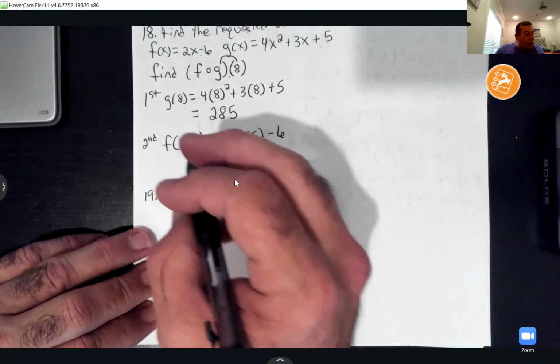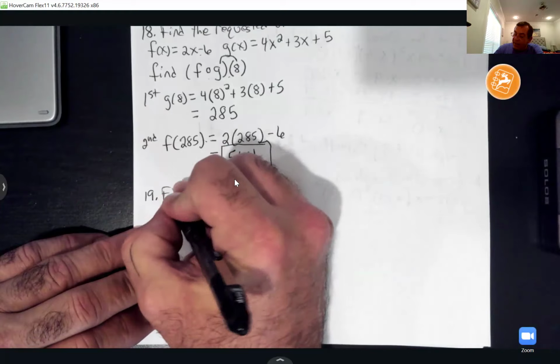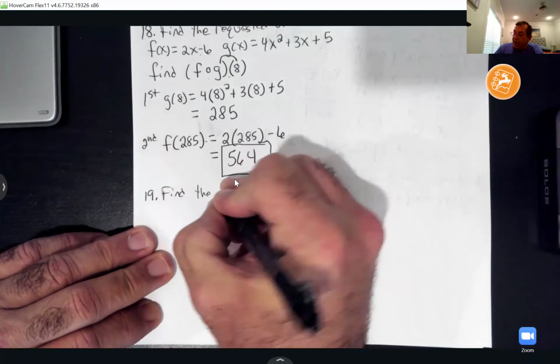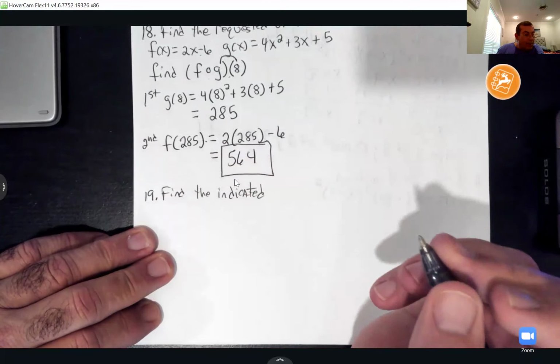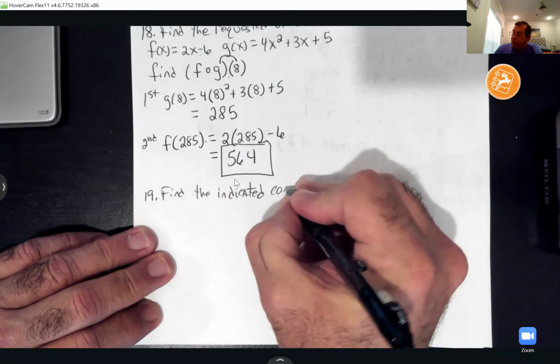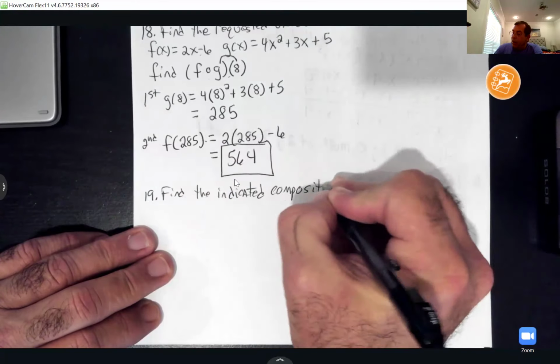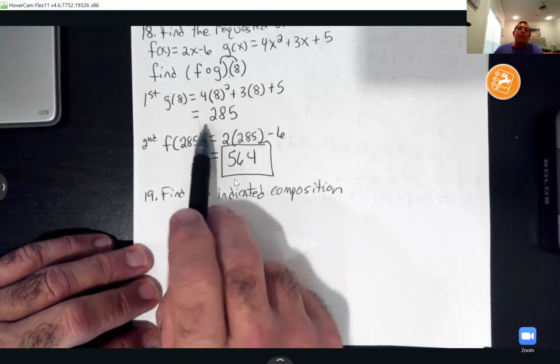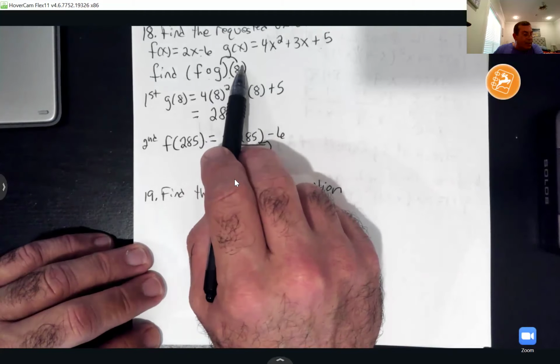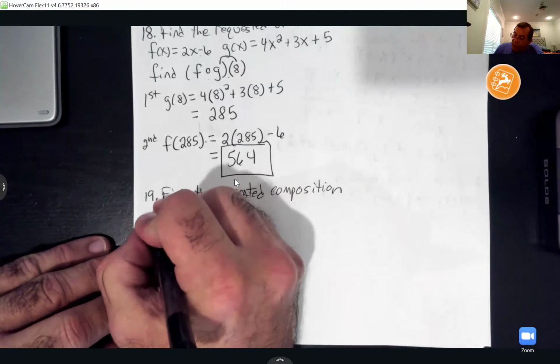So this one says find the indicated composition. But I'll tell you the truth. It's the same thing as this problem 18, but they're not giving me a number this time. So watch this.